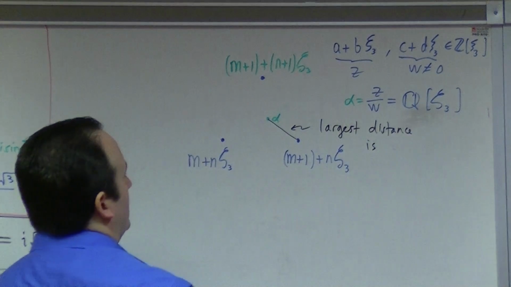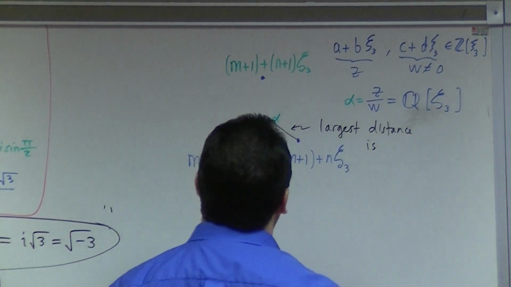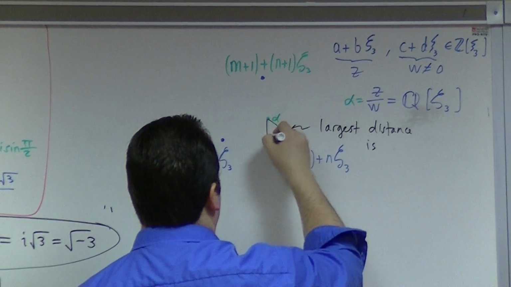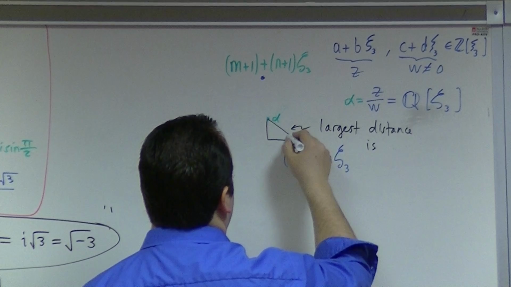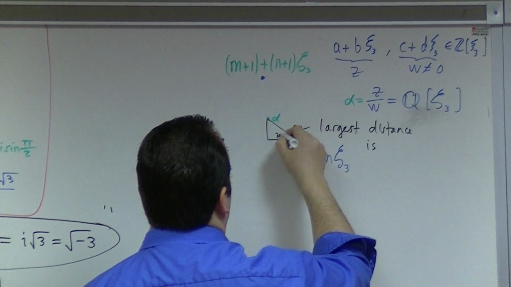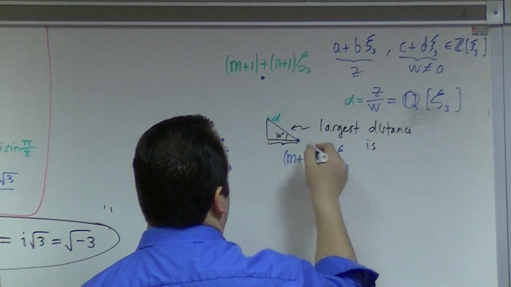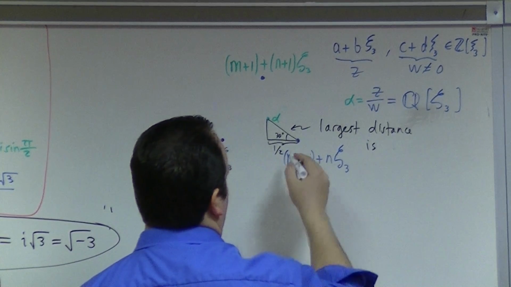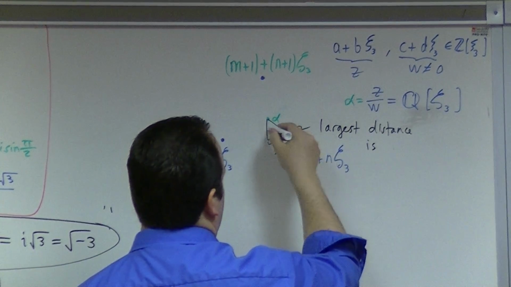No, it's not 2/3. It's not square root of 3 over 3. I'm not sure exactly. This is 60 degrees though, right? No, 30 degrees. This distance down here is what? It's a half. So that makes this what?